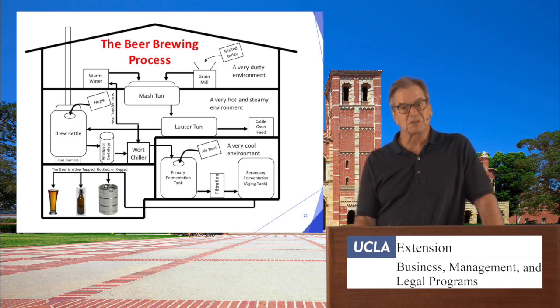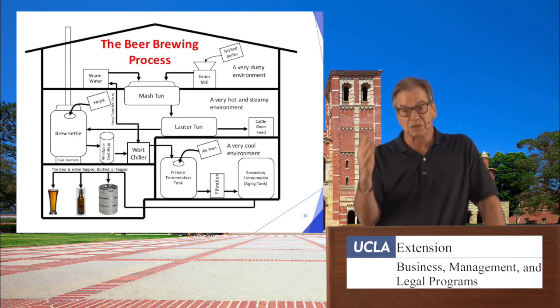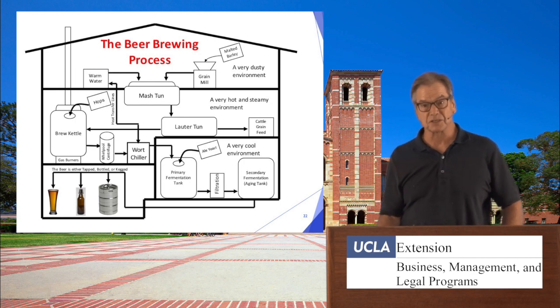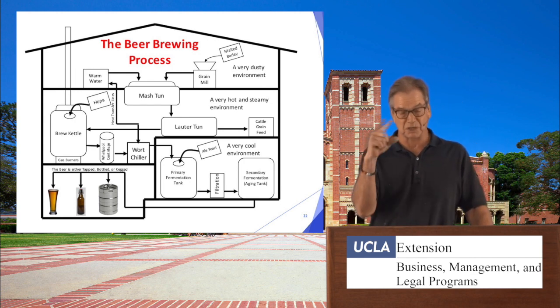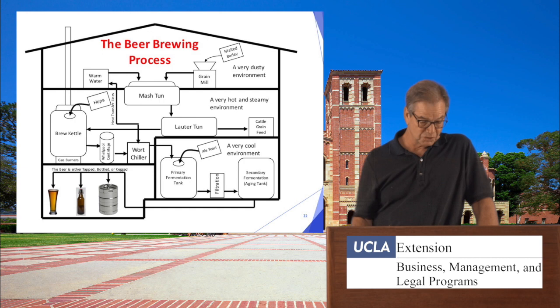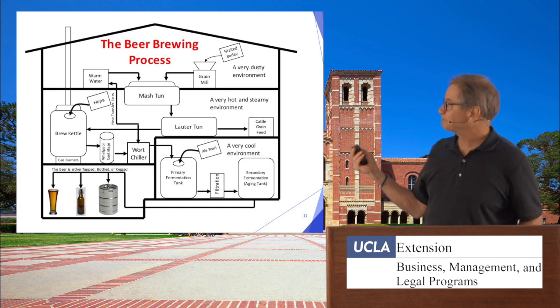If you were doing a business plan or developing a beer brewing type business, this would be an excellent diagram to show how that process takes place to manufacture beer.